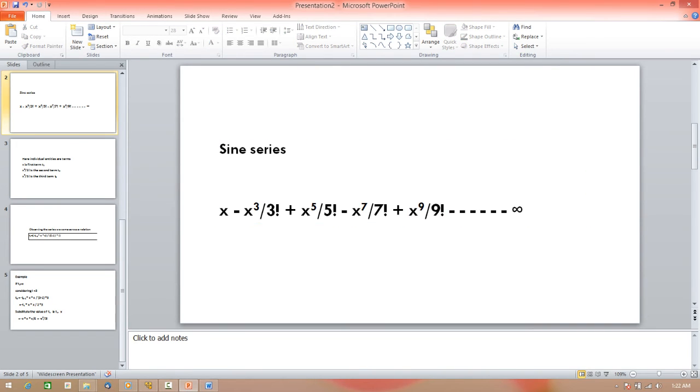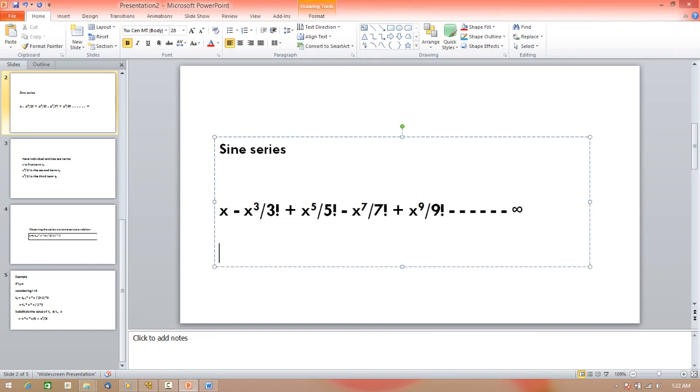For example, if I consider the first term to be 1.2, the next term would be 0.01. The next term would be plus 0.001.